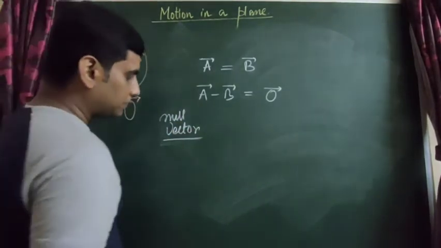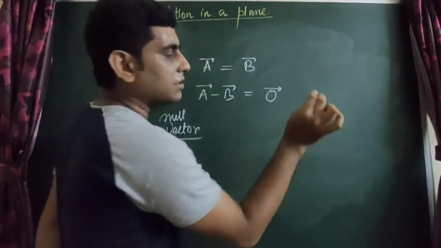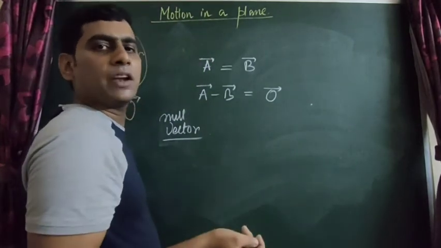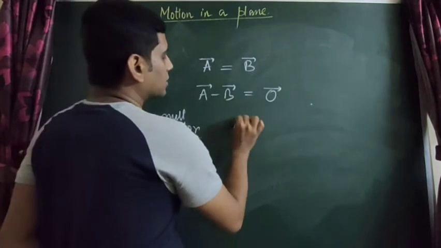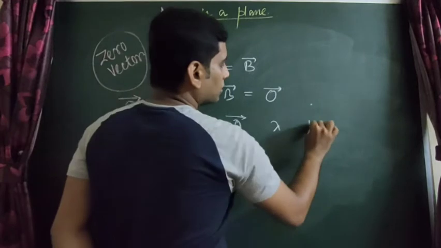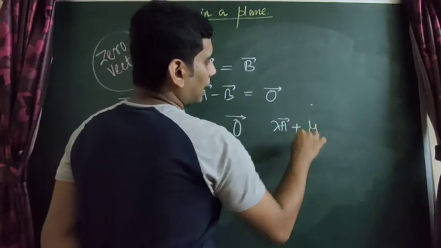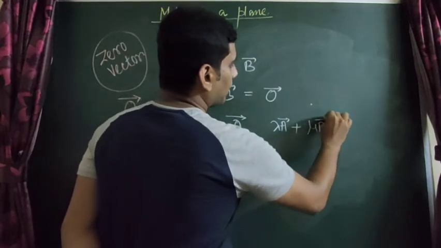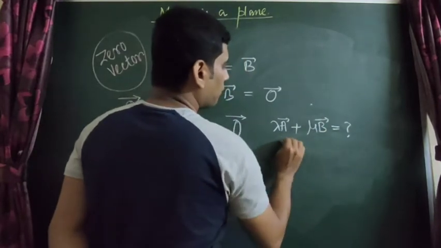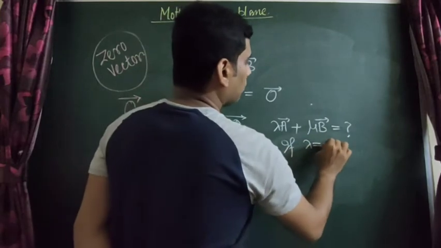Okay. Now if an object starts from a point, meaning the initial and final points are the same, then what is the value of the displacement vector? The answer is a zero vector. Suppose there are two numbers, lambda and mu. If I multiply a vector A with lambda and add another vector B multiplied by mu, what will be its value if A and B are equal and lambda equals minus mu?